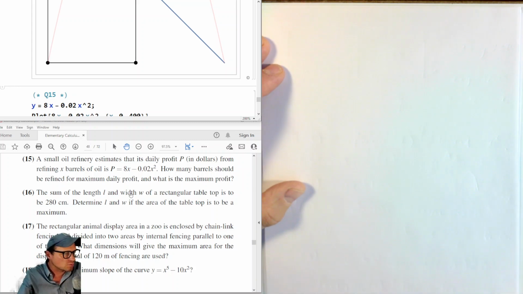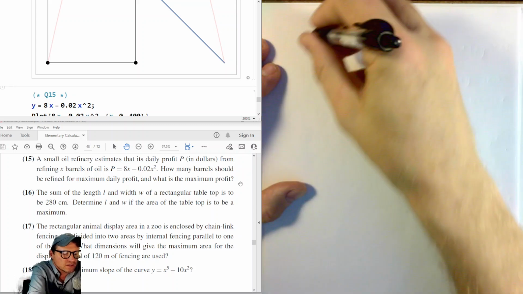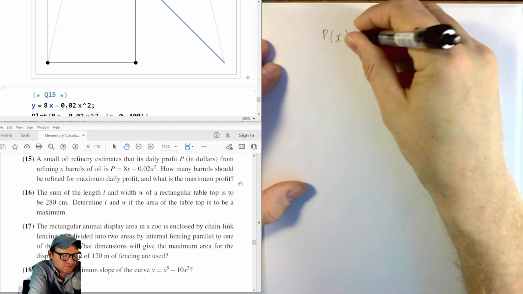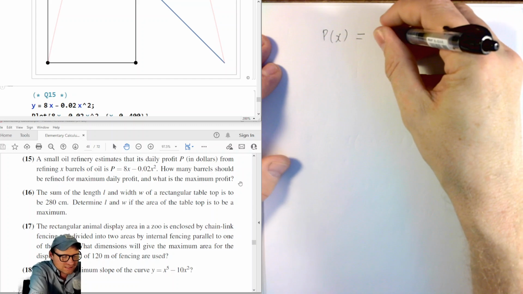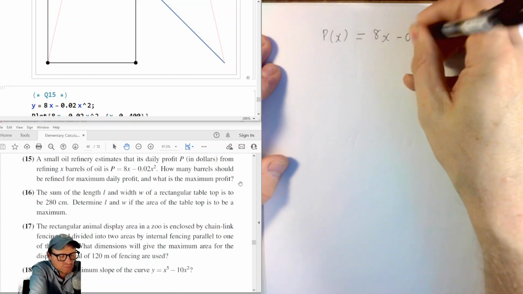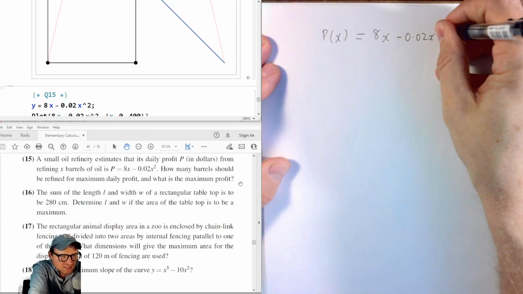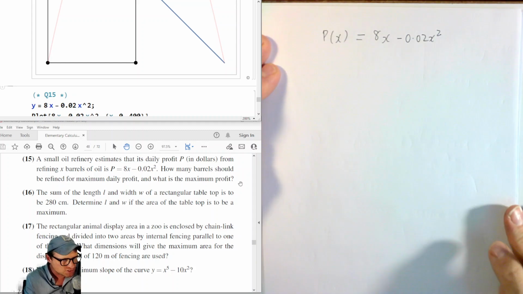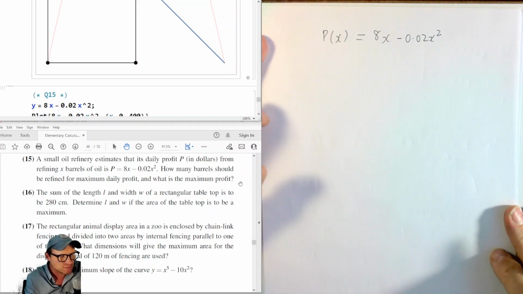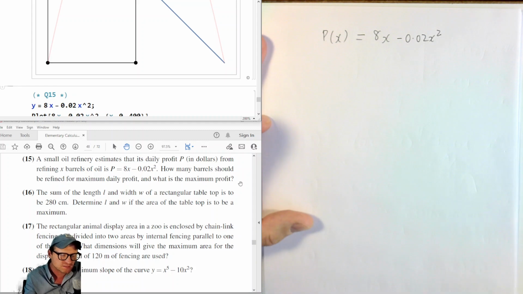All right, a small oil refinery estimates that its daily profit in dollars from refining x barrels of oil is P, which of course is a function of x, is 8x minus 0.02x squared. How many barrels should be refined for a maximum daily profit, and what is that maximum daily profit?